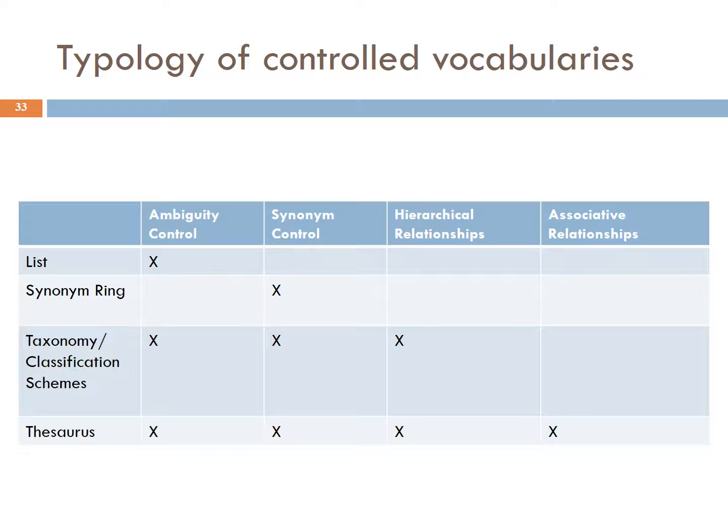Controlled vocabularies can range from those created locally for a single collection to those created by large organizations like the Library of Congress and the Getty Research Institute, and they get used universally across the globe. LC subject headings that you worked with two weeks ago are one of these types.